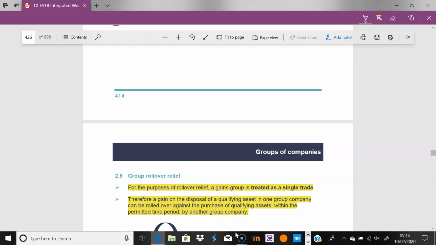So what we have here is that Violet has made this loss of 75,000 in one period, and Maeve has a gain of 100,000 in the 18 period. So Violet cannot transfer the loss to Maeve, as they are made in different periods.